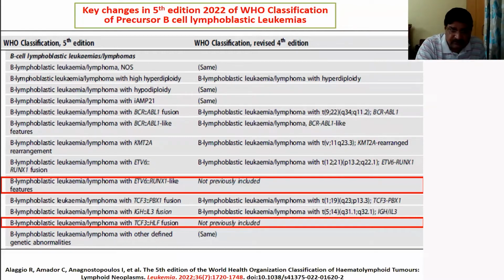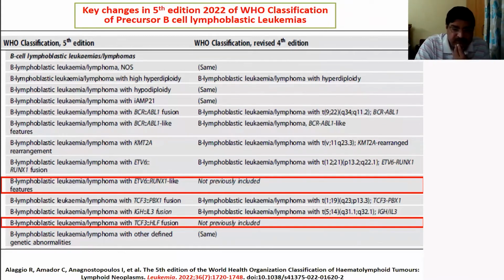But what is different is the ETV6-RUNX1-like features, which was not previously included because this is a new entity. It was provisional in the previous classification, but it has found a definitive place for diagnosis and treatment.